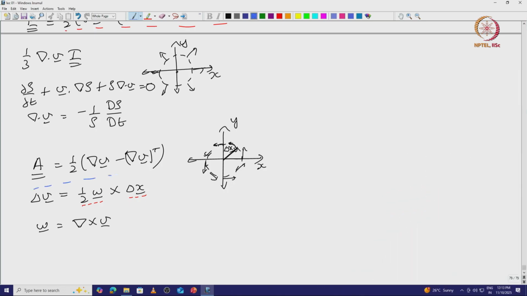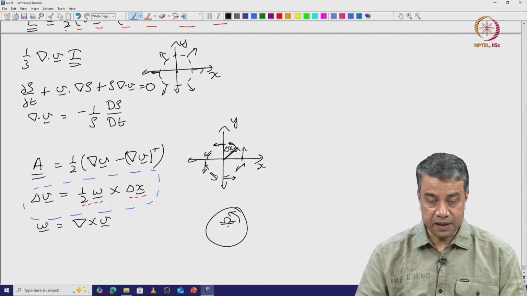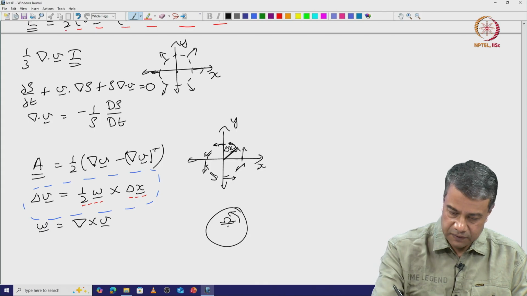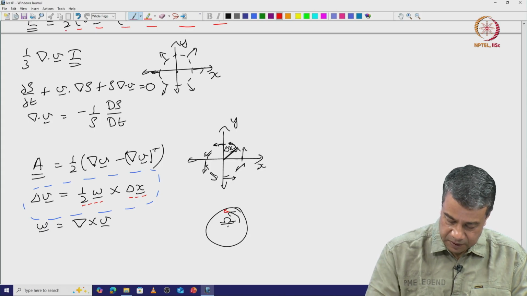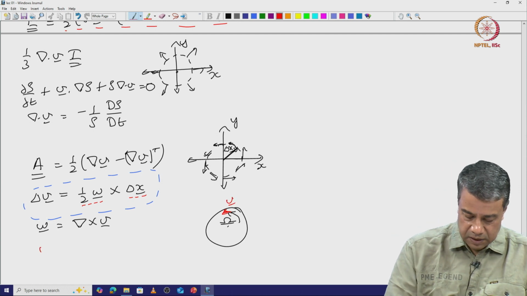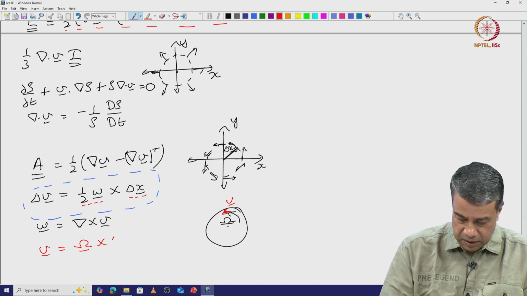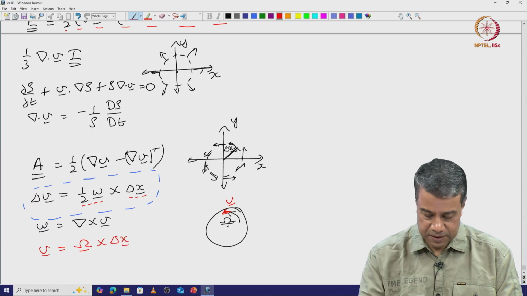This form of the equation is the same as you would have if you had a solid body rotating with angular velocity omega, whose axis is perpendicular to the plane. In that case, the linear velocity at any point v, along the direction of rotation, tangential, will be written as omega cross delta x, where delta x is the displacement.